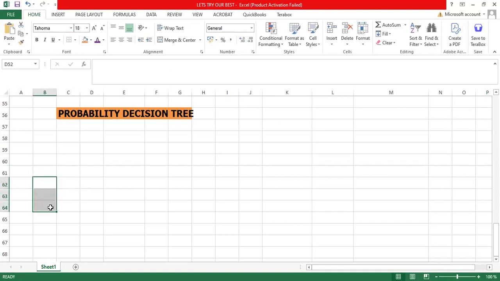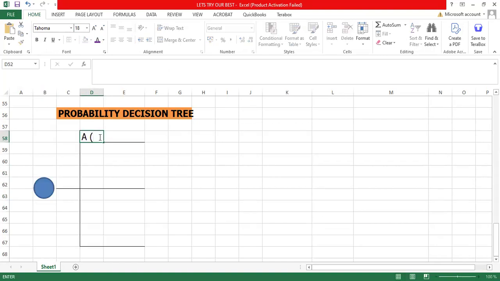With a probability decision tree, we are going to start with our operators. Operator A is 0.45. Operator B, the corresponding probability is 0.3.